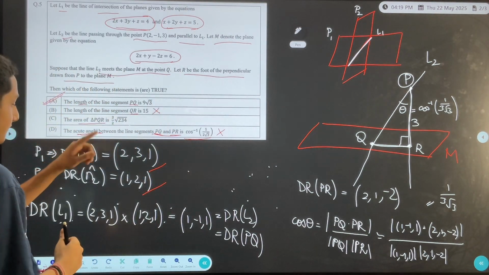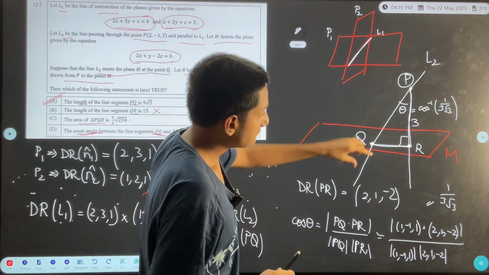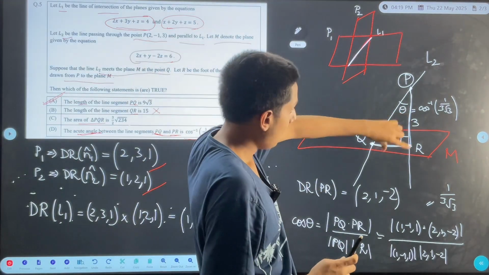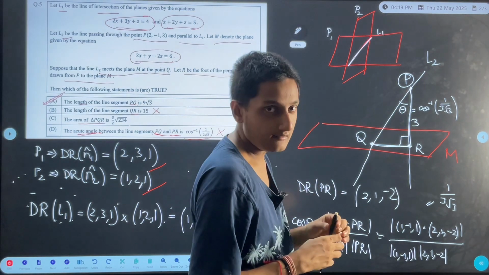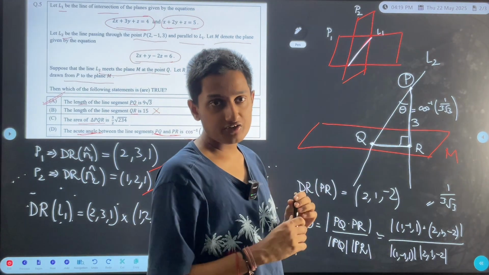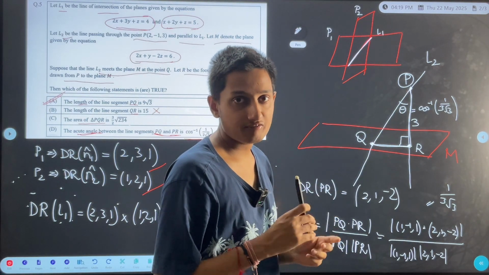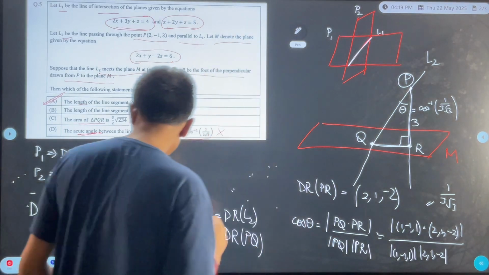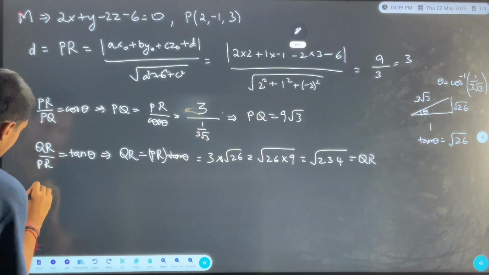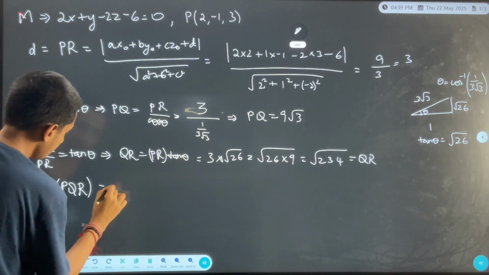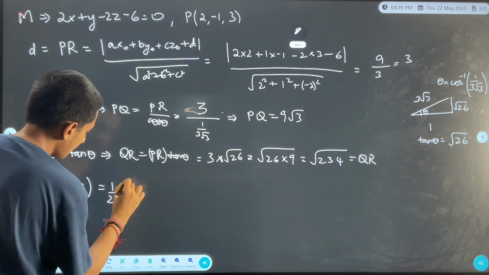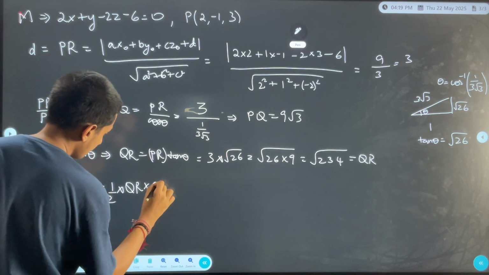Now for area of triangle PQR, we have just now found the length QR and we know the length PR as well. And because this is a right triangle, the area of the triangle is just half into product of lengths of the legs of the triangle. So that means area of PQR will be equal to half into QR into PR.